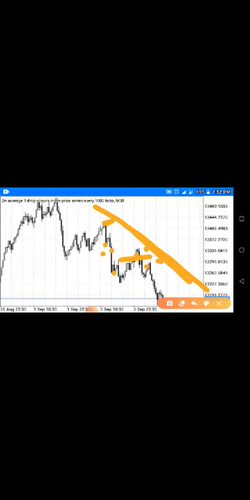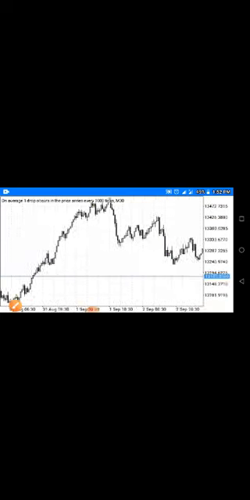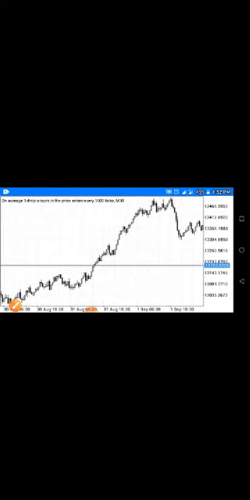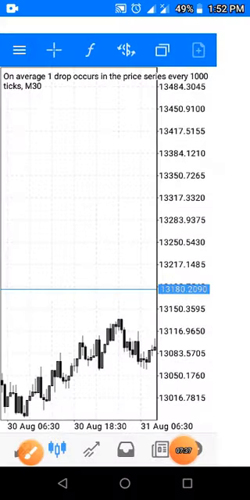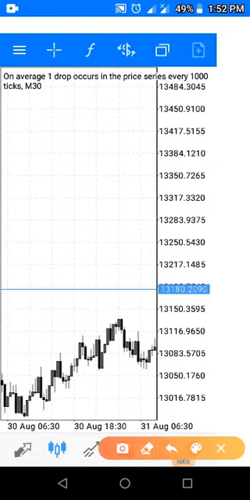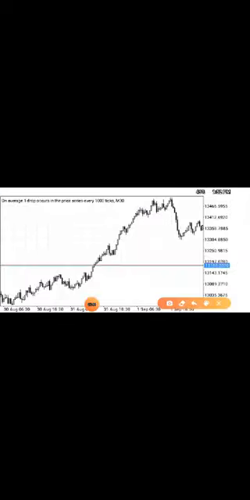Now let's look at this one. Look at this market from here. Now when you look at this market from this view, you find out that the market is going upwards, isn't it?